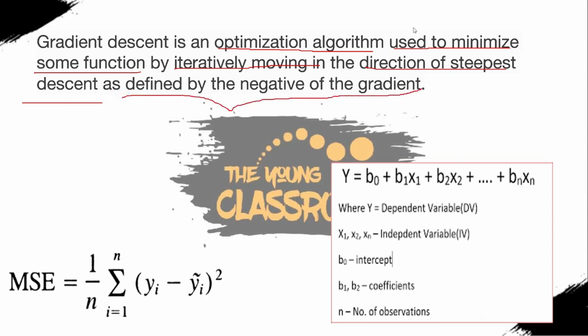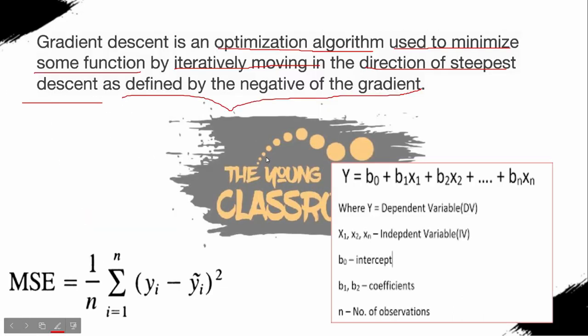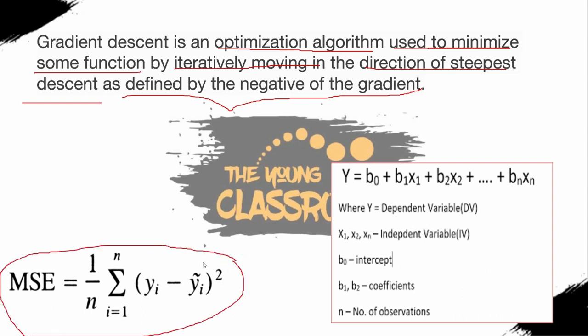Okay, so in the scenario discussed before, our function to minimize is this mean squared error, where this y hat is given by this expression. We have dealt with it in great detail, so you must know about it.